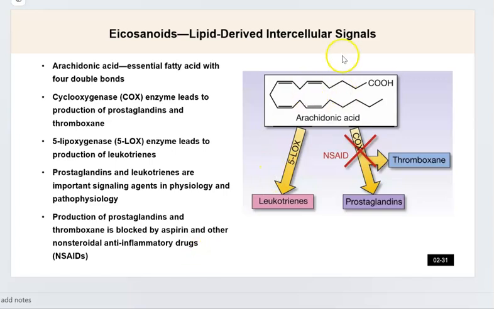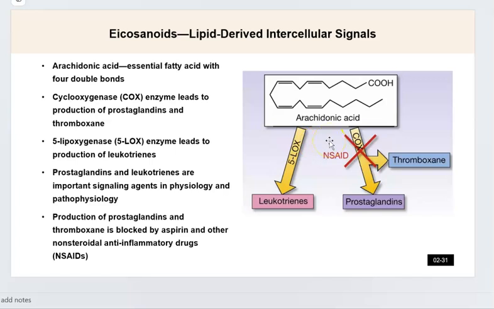This is that right here. It is the precursor for many lipid molecules that participate in inflammation and other homeostatic responses, such as thromboxane, prostaglandins, and leukotrienes, which is what we have here. Those molecules are collectively called eicosanoids, these here.